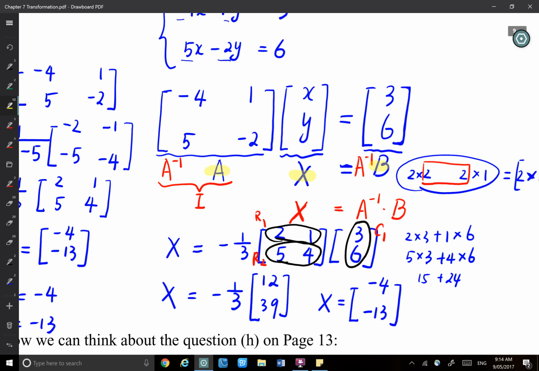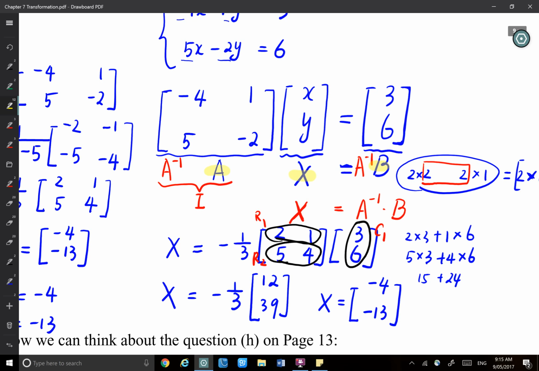Remember, for two linear simultaneous equations, there are three possibilities. Single values, a unique value. If the two lines are parallel, no solutions. Or if they are the same line, infinitely many solutions. You can solve three cases.